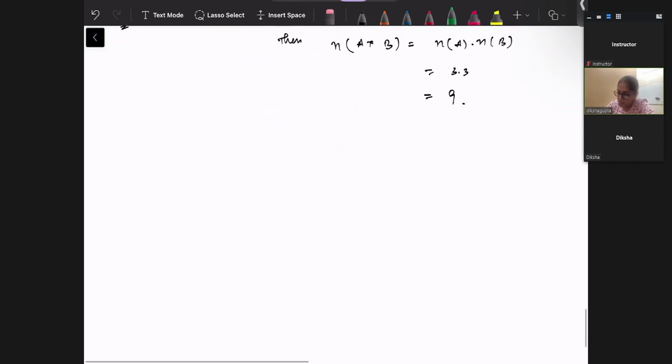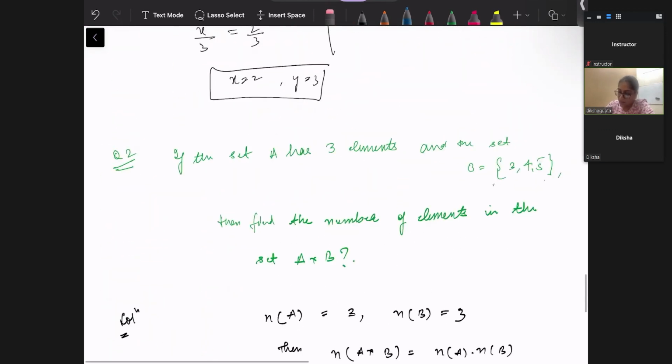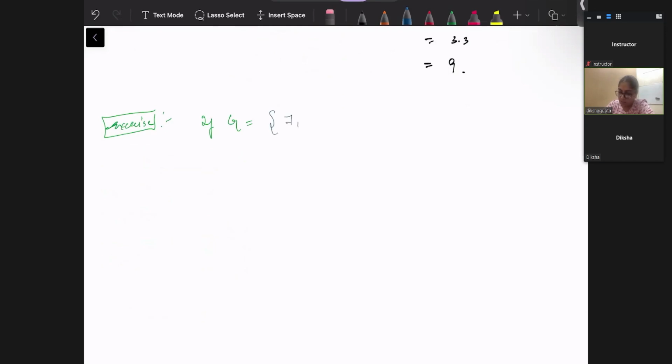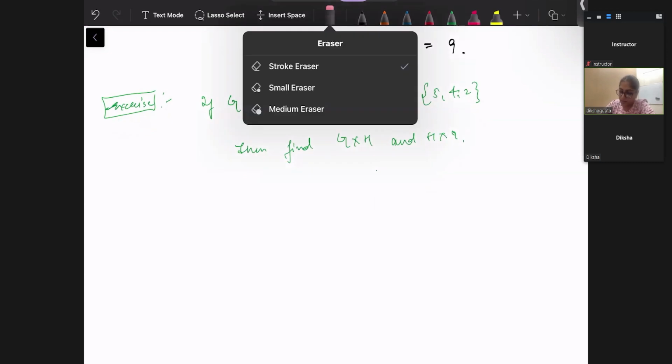Okay. All right. As a simple exercise, nothing crazy: if G equals the set {7, 8} and H is the set, then I've already done a similar example, find G cross H and H cross G. You see that the set is written in curly brackets and the ordered pair in round brackets.